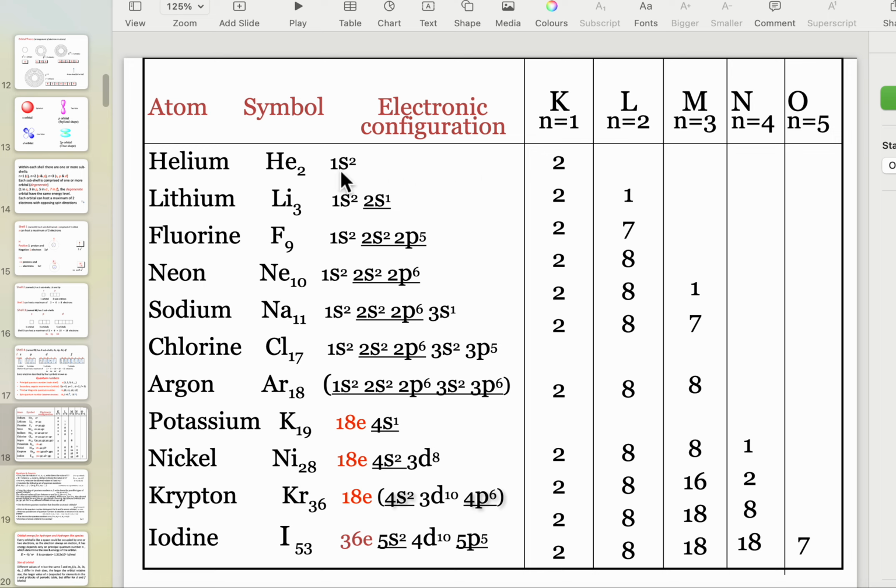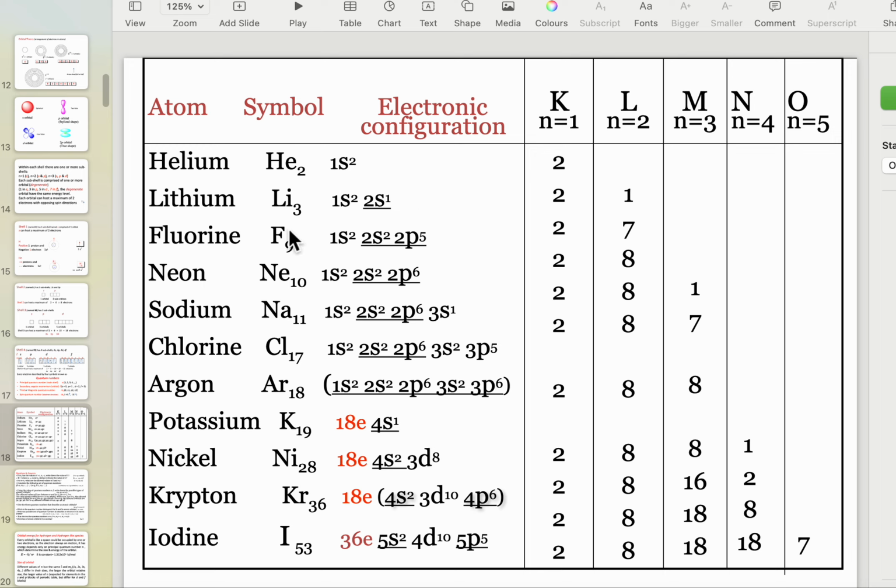This is 1s, the orbital, and 2 electrons are inside this orbital. So helium is saturated, filled. Its last and only orbital is 1s, fully occupied by 2 electrons, and helium is 1s2. That is the top of the noble gases.